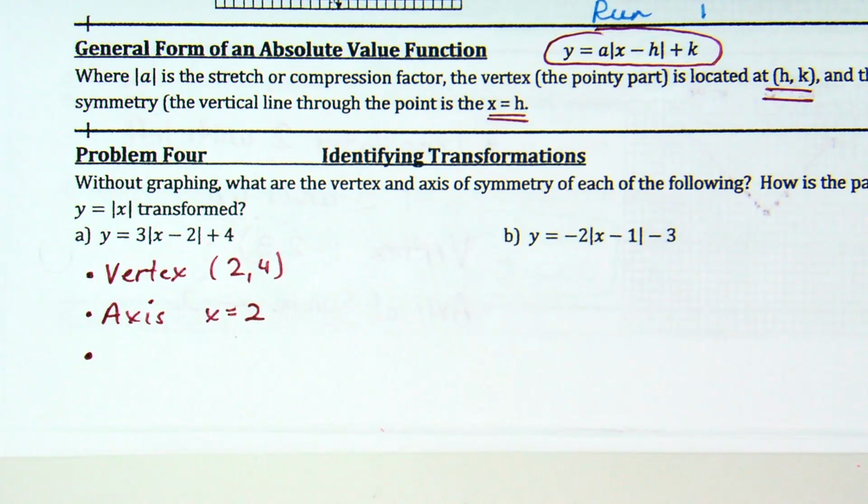Okay, so you've got several things to say there, yes? There was a vertical stretch by a factor of 3, translated right 2 and up 4. Writing all of that down is your key.